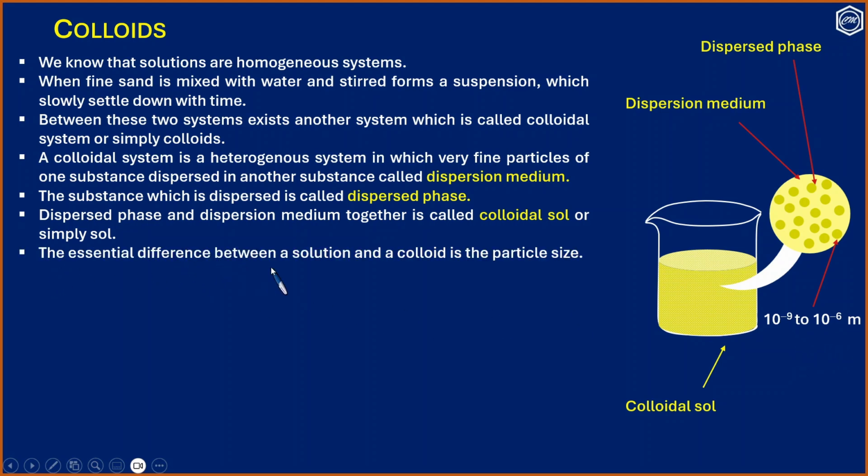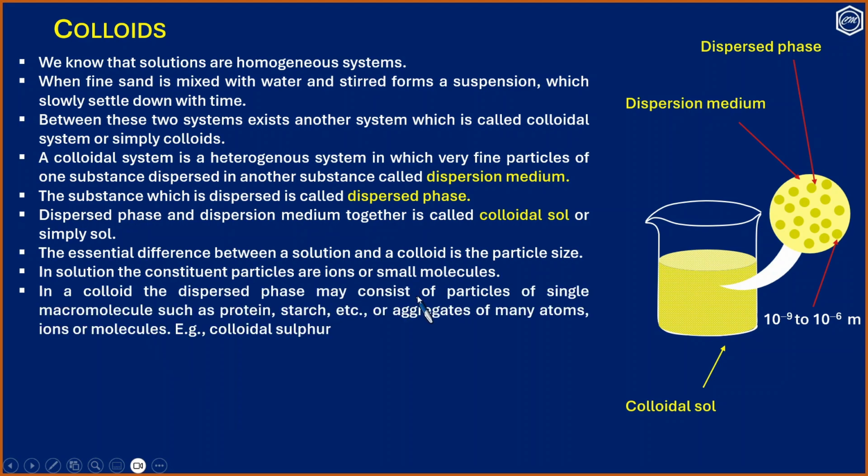The essential difference between a solution and a colloid is the particle size. In a solution, the constituent particles are ions or small molecules. On the other hand, in a colloid, the dispersed phase may consist of particles of single macromolecules such as protein, starch, etc., or aggregates of many atoms, ions or molecules.